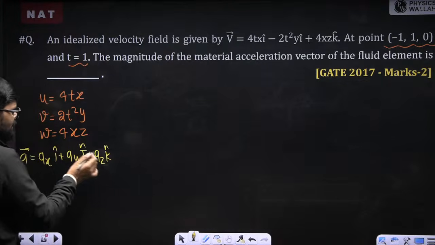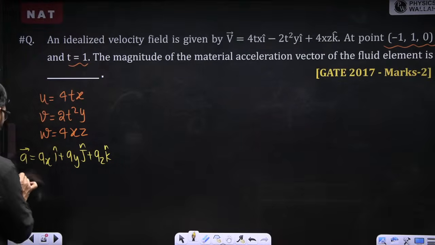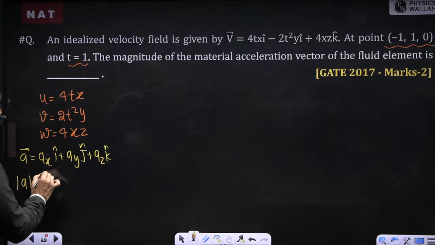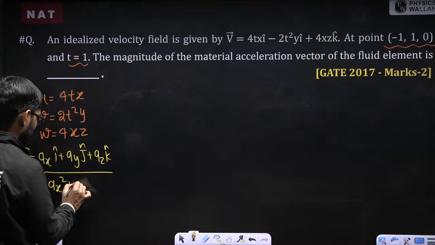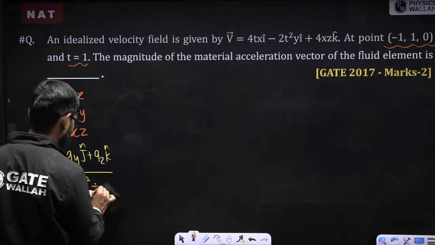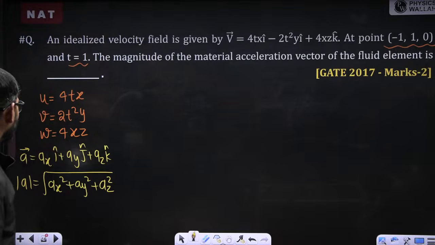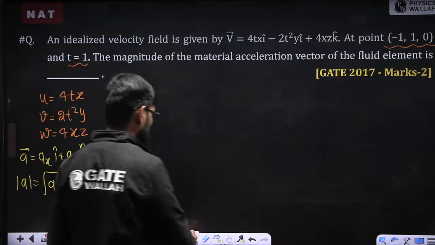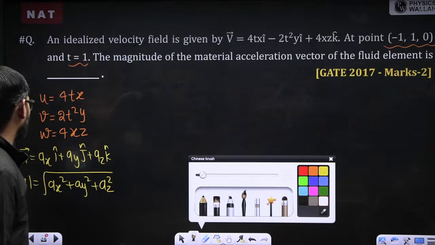So ax, ay, az you have to calculate, and they are asking the magnitude. The magnitude of a will come under root ax square plus ay square plus az square. Only three things you need to find out.